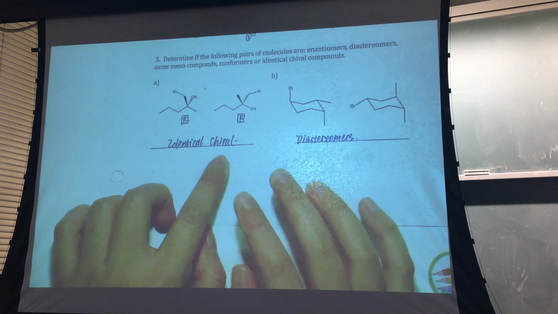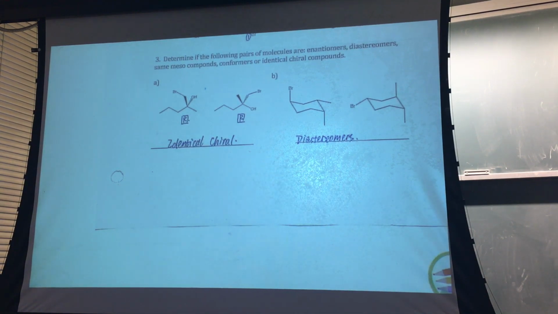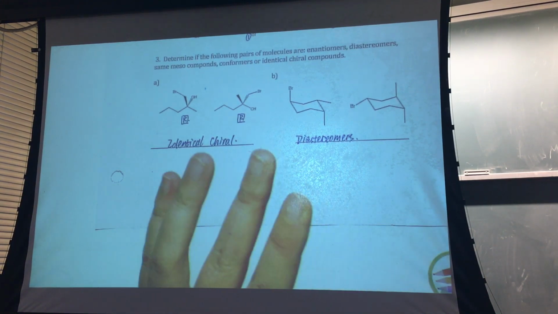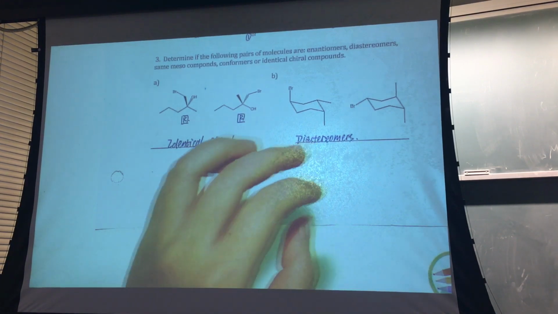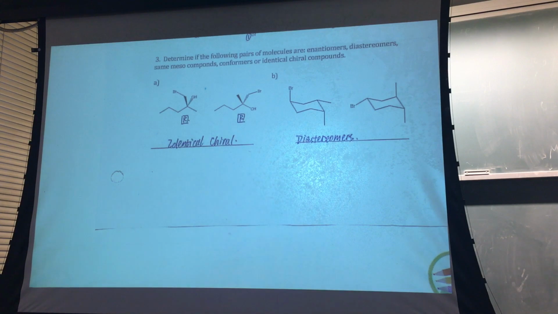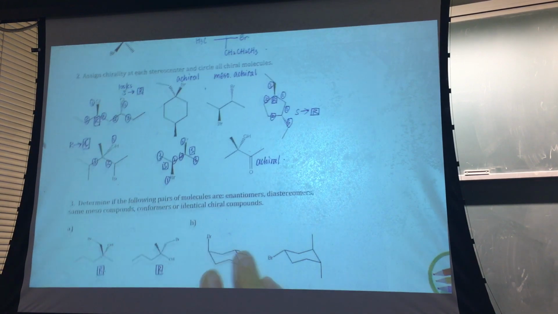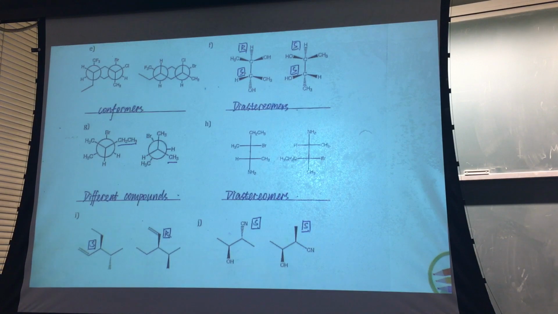So there are only going to be 3 conditions. All of the chiral centers the same, identical. All of them opposites, enantiomers. Whatever is between these 2, diastereomers. Did I make this one clear? Okay, so that's basically what I can say on diastereomers and enantiomers.